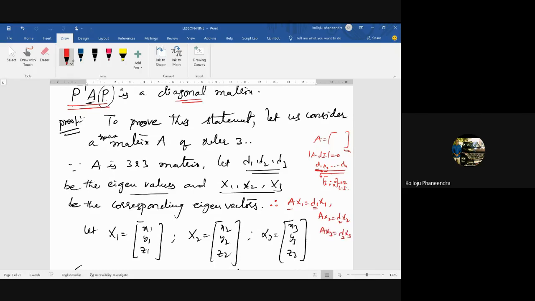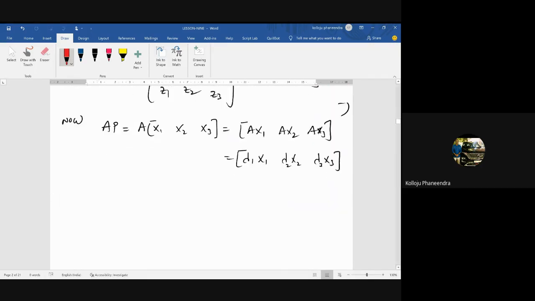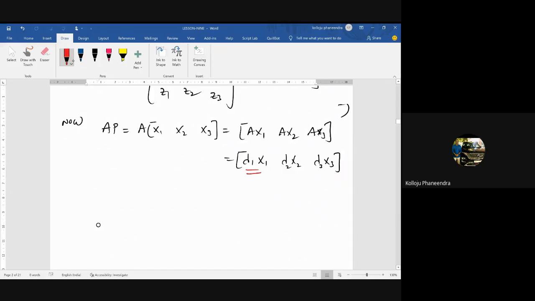This is true because lambda 1, lambda 2, lambda 3 and x1, x2, x3 are eigenvalues and eigenvectors of matrix A. So using that, Ax1 can be replaced by lambda 1 x1, Ax2 by lambda 2 x2 and Ax3 by lambda 3 x3.